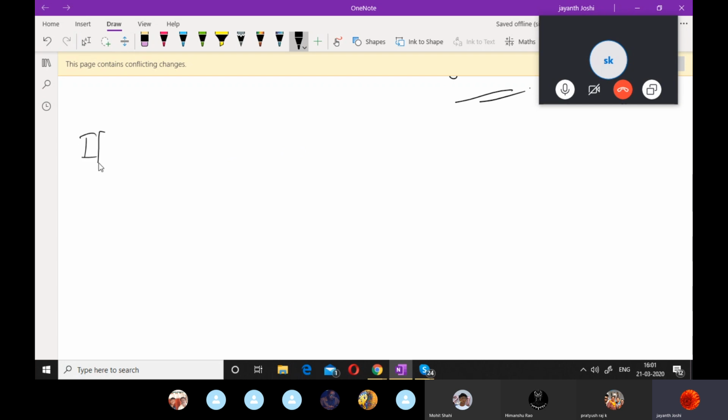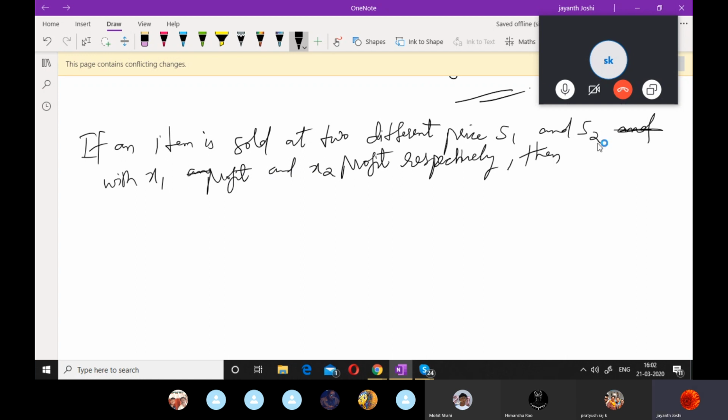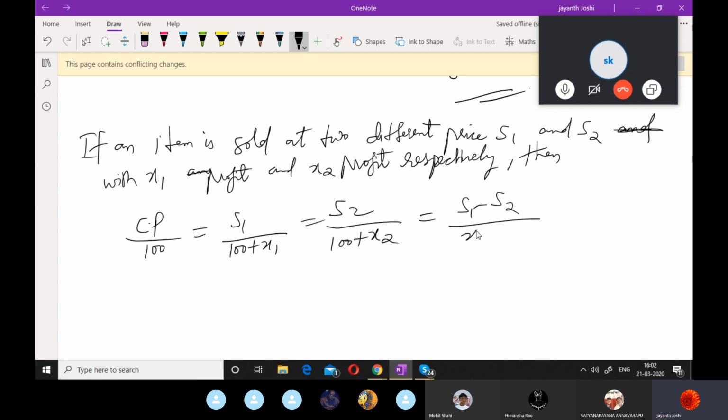Suppose this is the formula. If an item is sold at two different prices, S1 and S2, with X1 profit and X2 profit respectively, then CP by 100 is equal to S1 by 100 plus X1 is equal to S2 by 100 plus X2 is equal to S1 minus S2 by X1 minus X2.